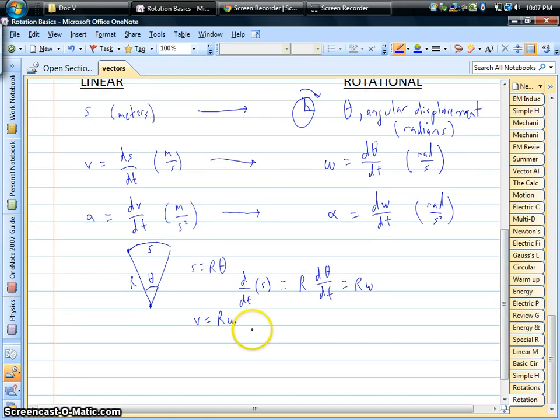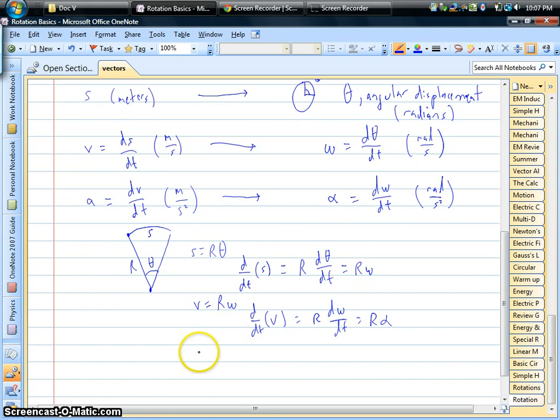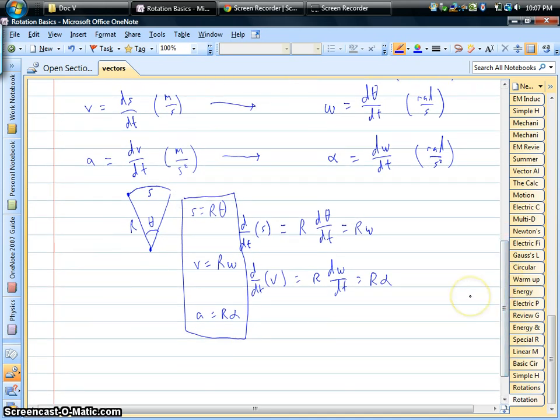And again, you could do a time derivative of that velocity if things are changing, and that's equivalent to the radius times the angular acceleration. This set of equations is often useful in problems if we have to go back and forth between linear motion and rotational motion.